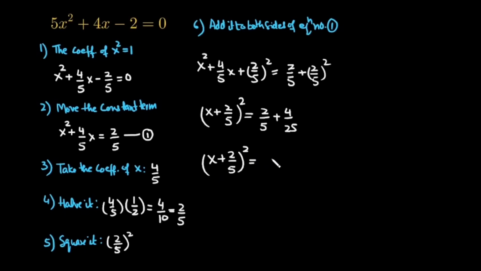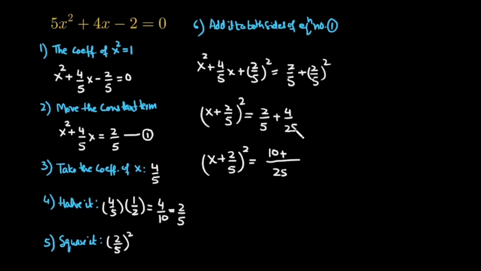equal to, taking the LCM 25, divide the LCM with 5, we will get 5. Multiply the answer with 2, so 5 times 2 is 10, plus divide the LCM with 25, we get 1.